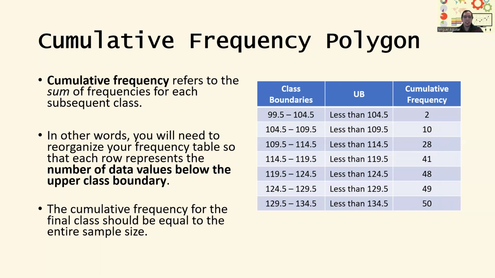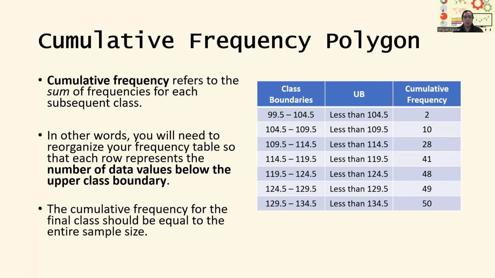So at the very end, the cumulative frequency table should indicate for the final class that it is counting the entire sample size. In other words, the total of all the frequencies. So once we have that cumulative frequency table set up, we can jump into an example of constructing a cumulative frequency polygon.